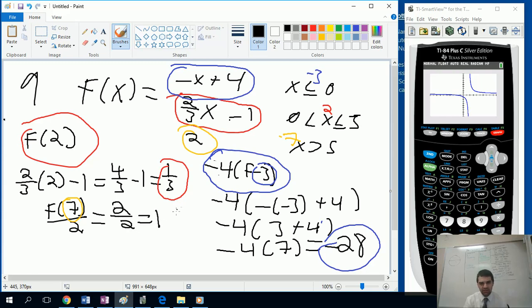So when we add up our orange plus our red plus our blue values, we are going to get 1/3 minus 28 plus 1.